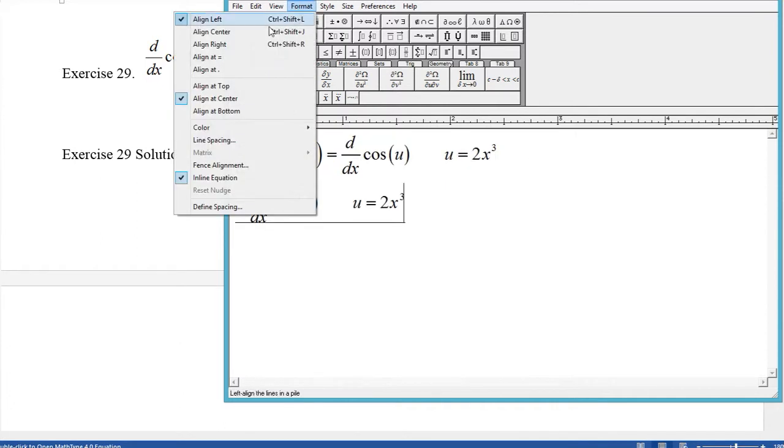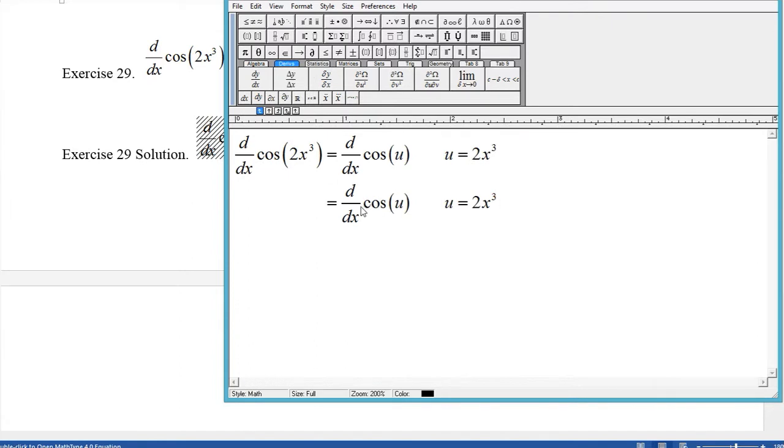Okay, now the derivative of cosine u starts with a cos, so it starts with a minus sine of u times the derivative of the u. Okay, now du over dx is the derivative of 2x cubed, which is just 6x squared.